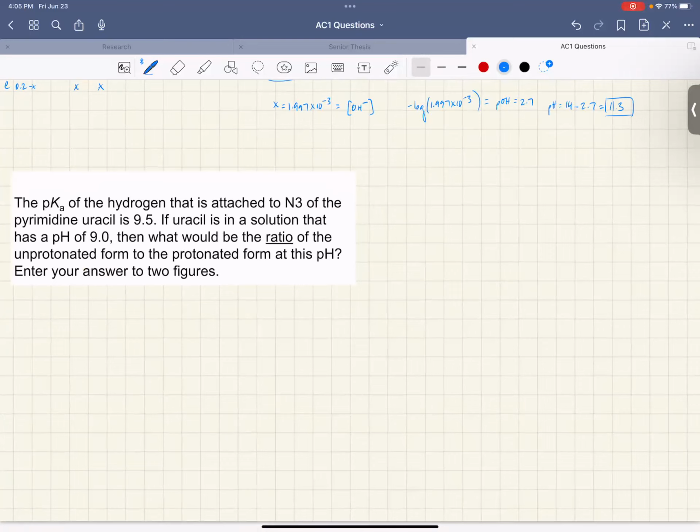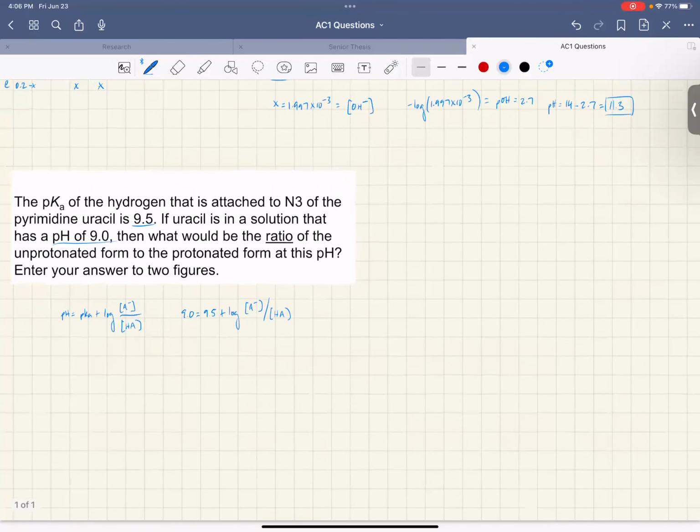So that formula is pH is going to be equal to pKa plus the log of the conjugate base over the acid. Those are molarities. And so the way this works is we have our pH and we have our pKa. So we can just plug those in as 9.0, 9.5 plus the log of A minus over HA.